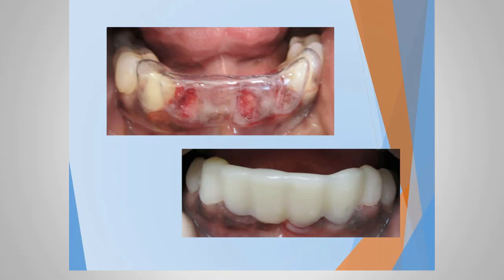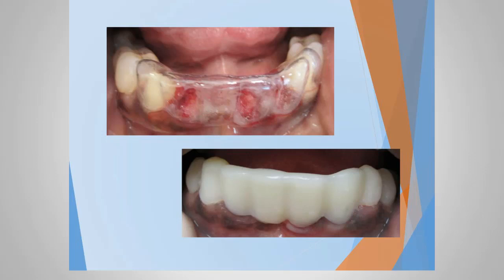Once the teeth were gone, I was able to fit this matrix over my prepped teeth to make sure that I had enough clearance, and it looks like I did. Once that was fitted in place and everything was okay, I used some cotton pellets placed inside the extraction sites so none of my temporary crown and bridge material would float into those open extraction sites.